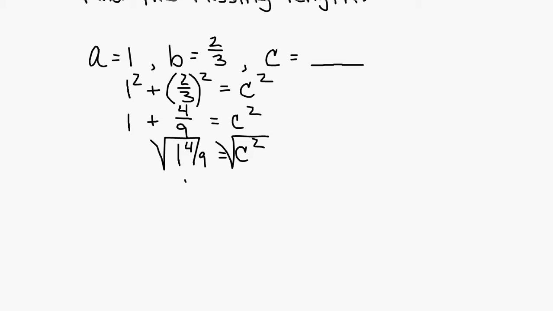So 1.2 is equal to C. Okay? So there's the third side, or the hypotenuse, of that triangle. Any questions on any of those steps?